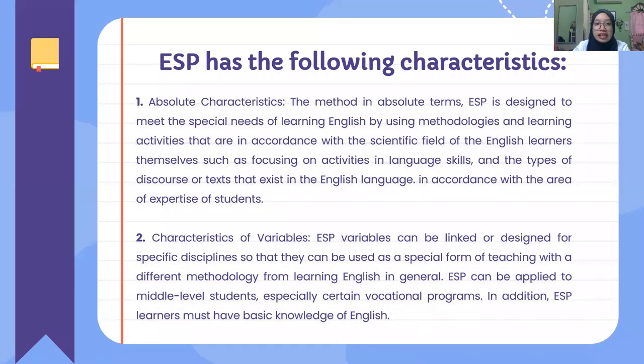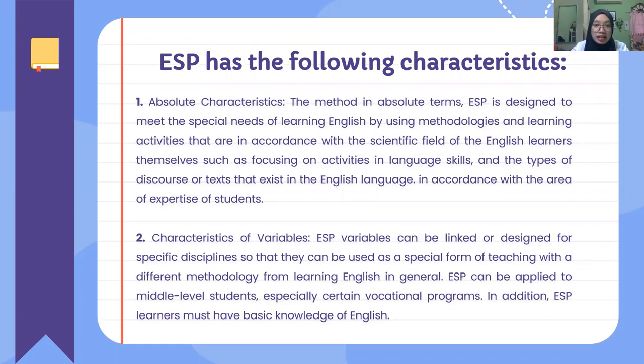And ESP has the following characteristics. There are two characteristics of ESP: the first is absolute characteristics and the second is variable characteristics. Absolute characteristics are the method in absolute terms.